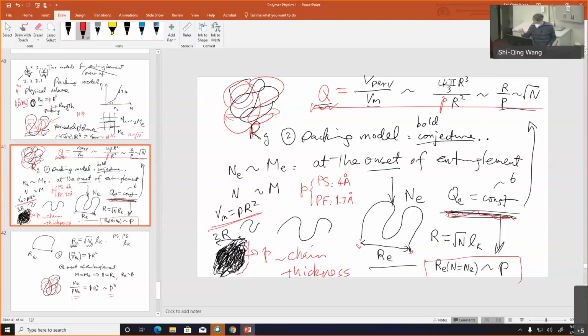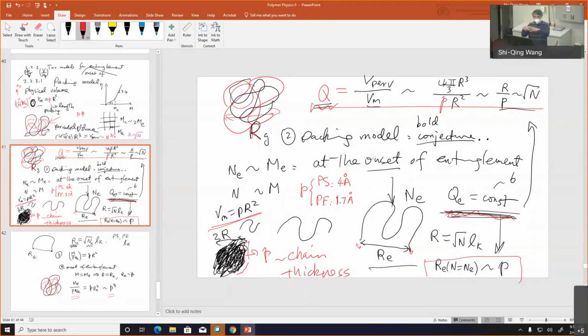That's the bold conjecture. I'm just translating that, because in the lab you don't use chain length, you use molecular weight. So you're asking, what is the molecular weight of polystyrene for entanglement, such that when I pick this molecular weight, I find 6 chains in my own pervaded volume? And what is the molecular weight for polyethylene?